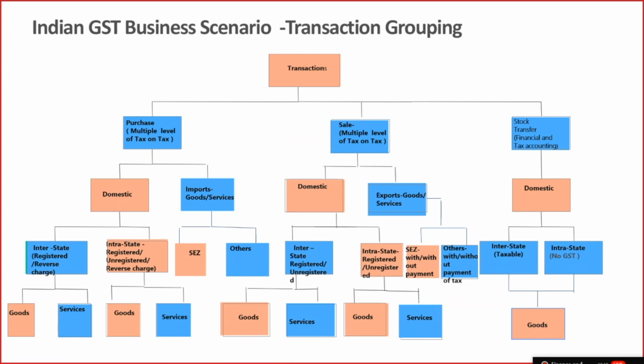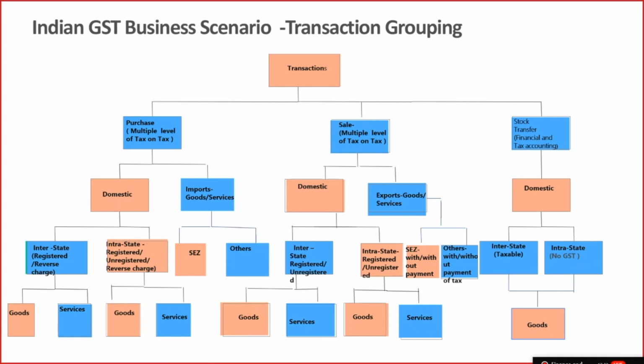Stock transfer transactions are also reported into the respective GSTR1 and 2, where the shipment transactions are reported into GSTR1, and receiving transactions are displayed in GSTR2. So all these transactions can be related to goods and can be related to a service.